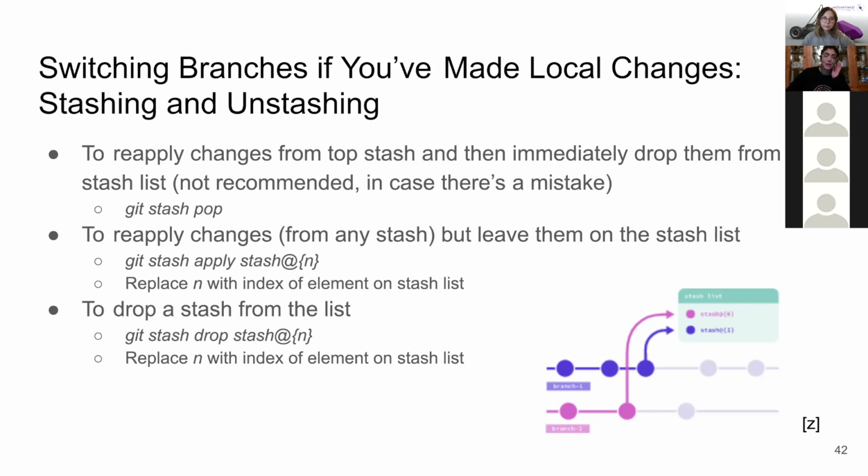It's on the slide, and I will also type it into the chat. Since this was your first stash on the repo, it's probably going to have the index number 0. To see which index number it is, you do git stash list. And then to drop the stash from the list after it's been applied.